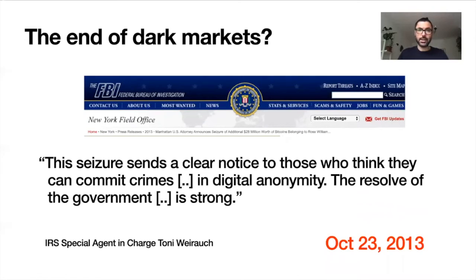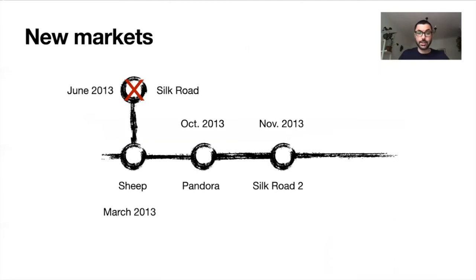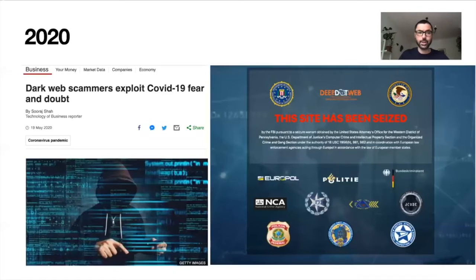it became immediately clear that the war on dark markets was not so easy. First of all, Silk Road was not alone, there was already another marketplace, and then in the few months that followed the seizure, at least 2 more dark markets appeared, Pandora and Silk Road 2, and the situation is still like this.